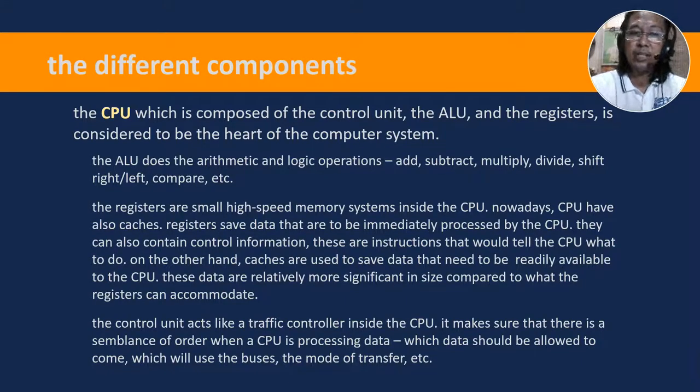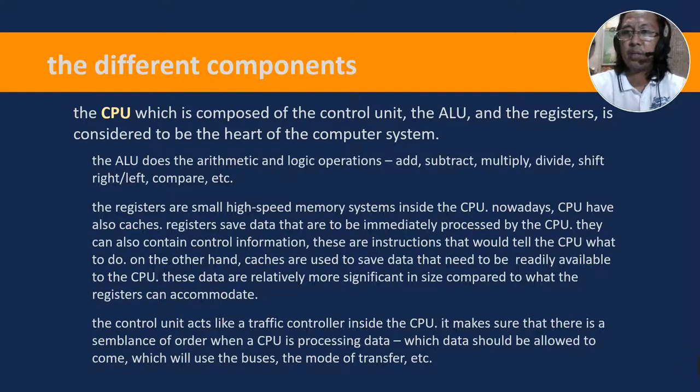On the other hand, caches are used to save data that need to be readily available to the CPU. These data are relatively more significant in size compared to what the register can accommodate. Kasi a register can only accommodate around 32 bits. Well, there are 16 bits, probably 128, but it's a stretch. Normally, you only have like 16 bits, 32 bits, 64 bits.